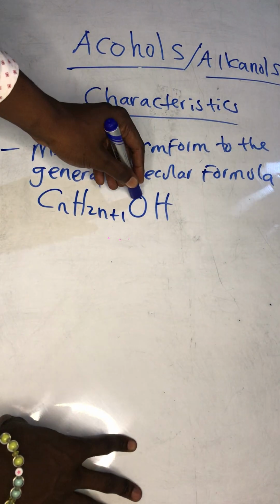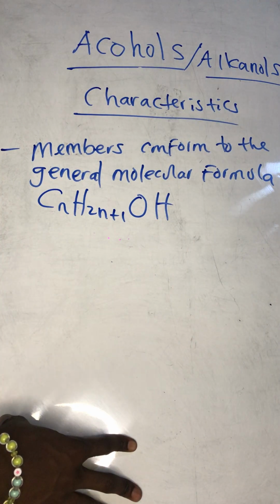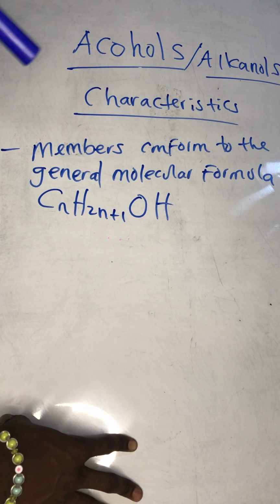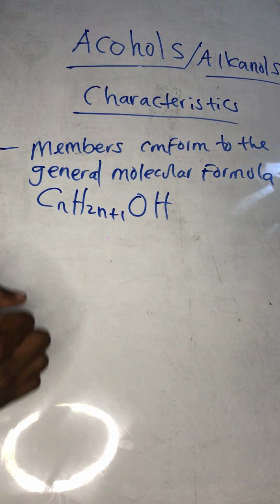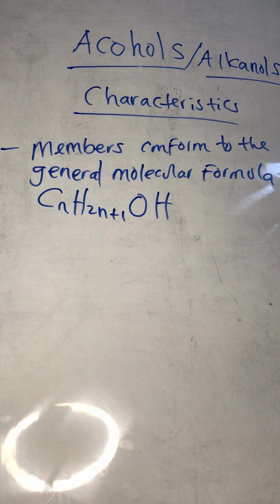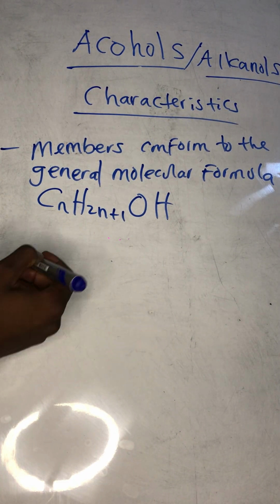So as long as there's oxygen, or any other atom, then it is not a hydrocarbon. Remember, the definition of a hydrocarbon is that it is a compound that contains carbon and hydrogen atoms only. Apart from that, then it is not a hydrocarbon. So that is characteristic number 1.